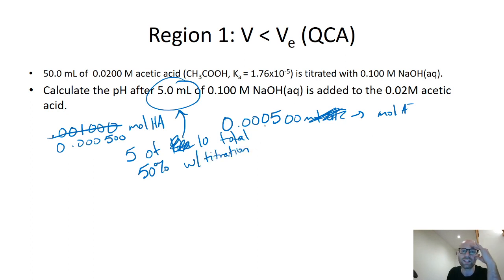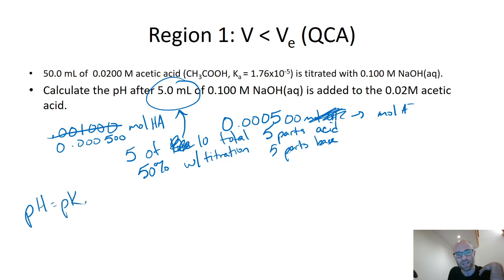A different way to say that is you have 5 parts acid and 5 parts base at this point. So in plugging in, you should still say pH equals pKa plus log base over acid.